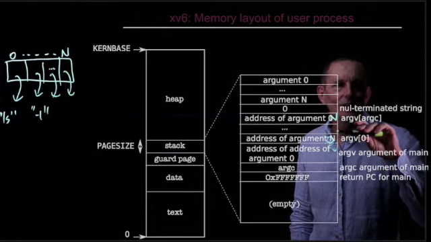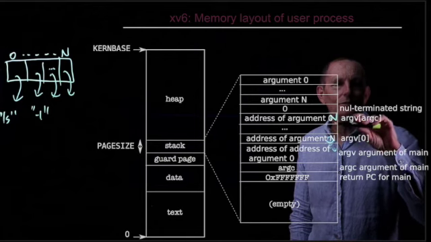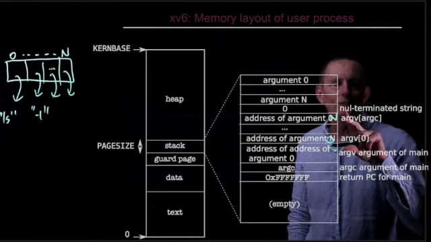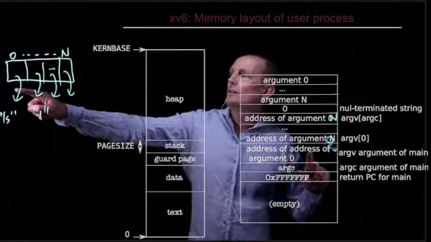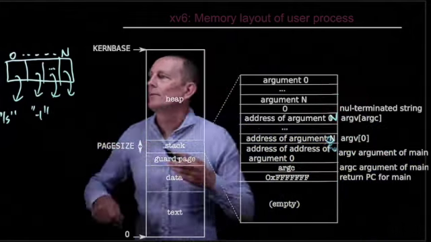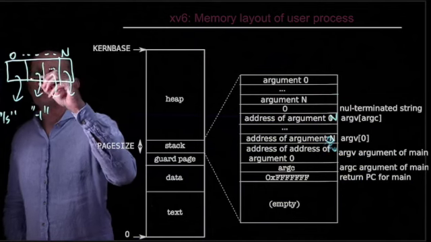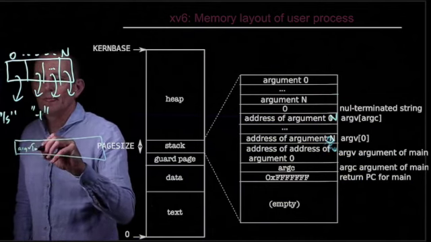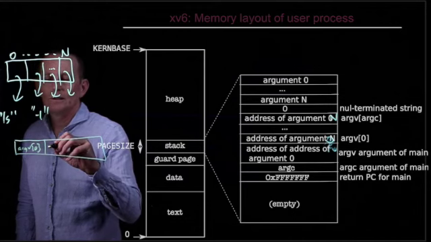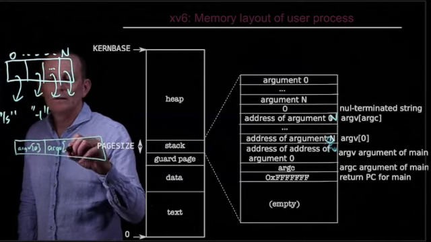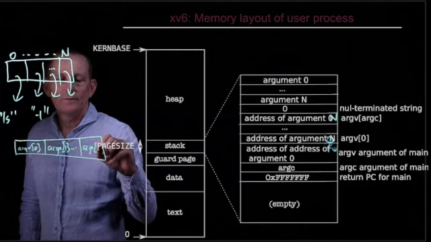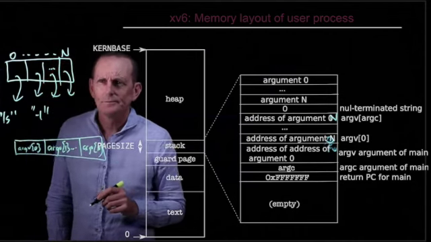It's argv1, argv2, all the way to argv at argc. So this contains all of the pointers in this array, because we have argv0 and argv at 1, all the way to argv at n.